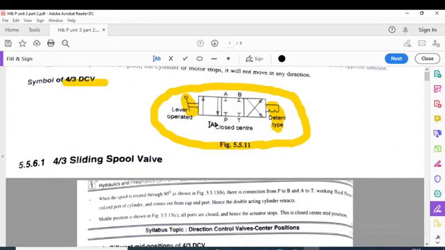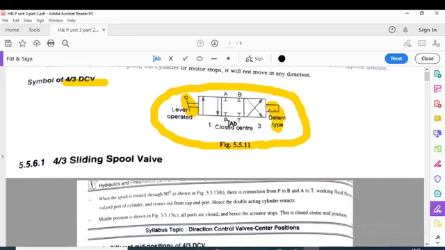So this is position 1, this is position 2, this is position 3. The second position can be named as the central position. You can see here, the second position is named as the central position.